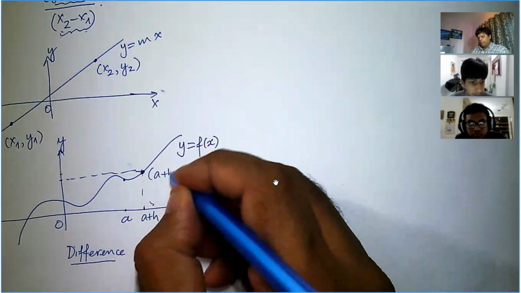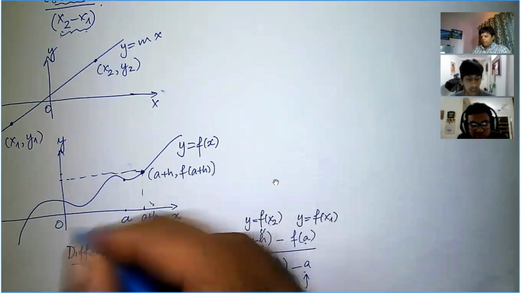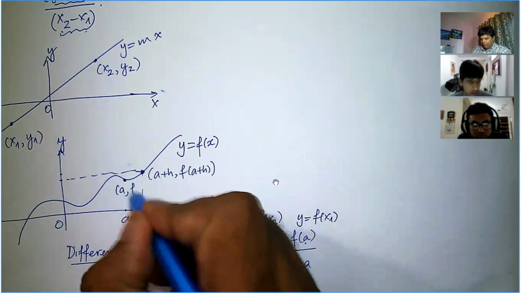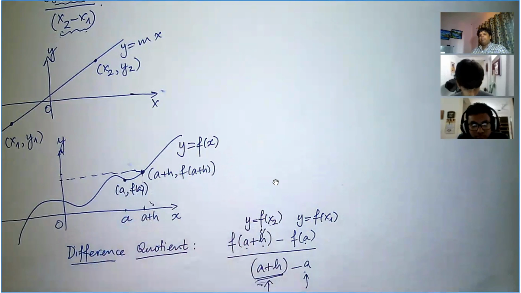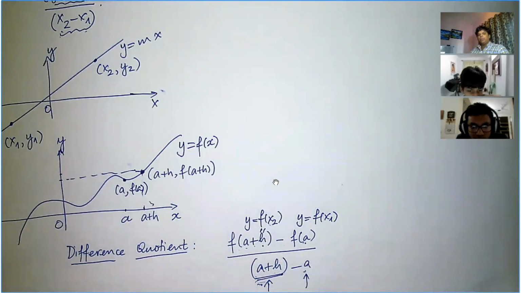A plus h, f of A plus h. What is this point here? A, f of A. So that's how you derive this. Not yet, wait. The question is, what does f of A plus h minus f of A by A plus h minus A give you?